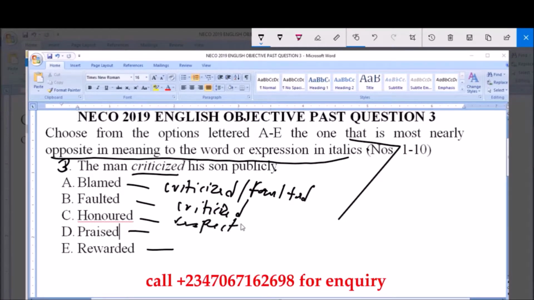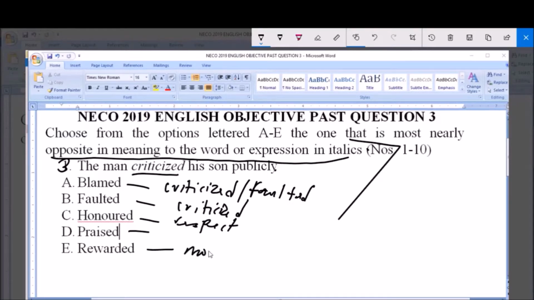So honor cannot be the direct opposite to criticized. Then reward has to do with motivation, but praise has to do with eulogized.